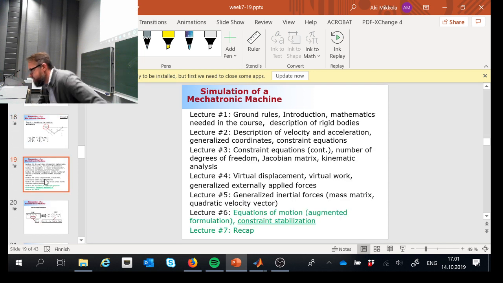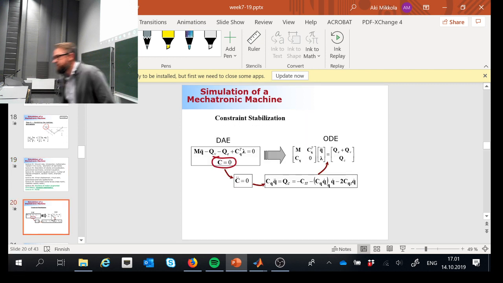Okay. So constraint stabilization is related to that subject matter that I promised to explain briefly. The whole story of why things went wrong is related to this picture. Remember, initially I got a set of differential algebraic equations. And then what I did was convert that to a set of ordinary differential equations. What was the trick to make that happen?